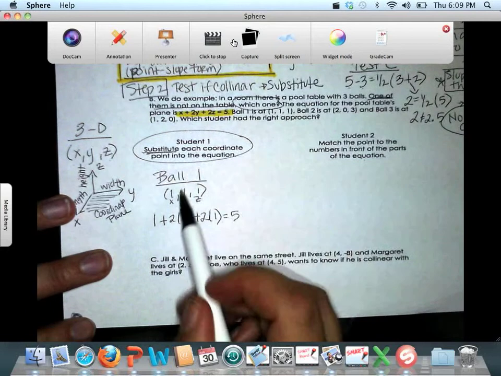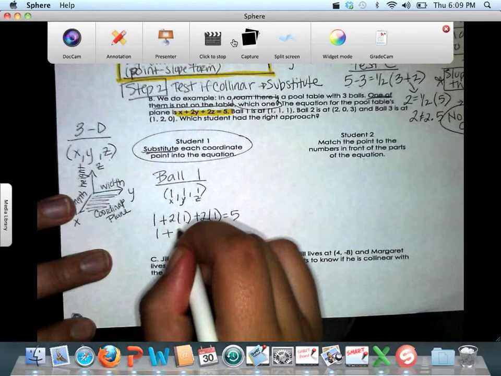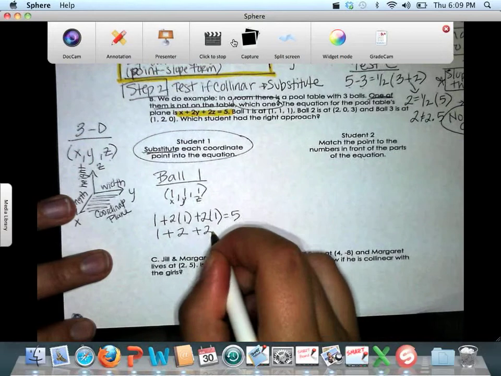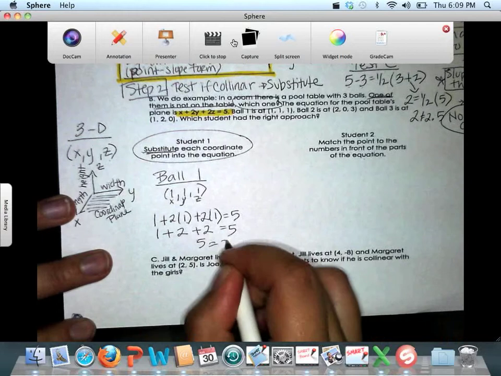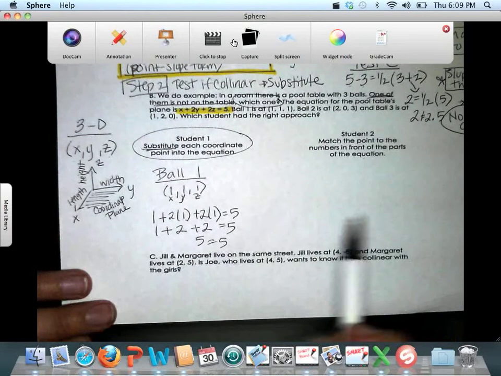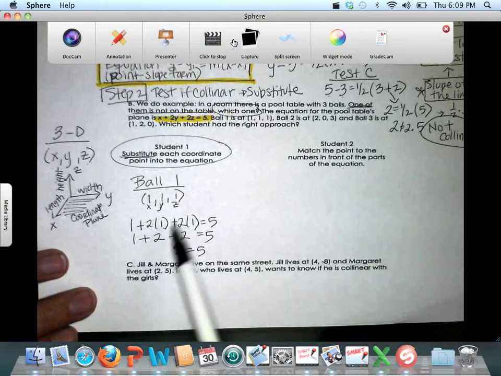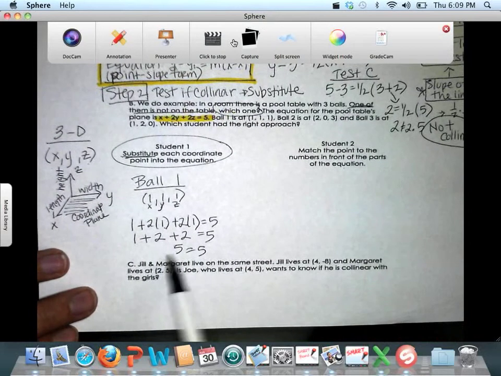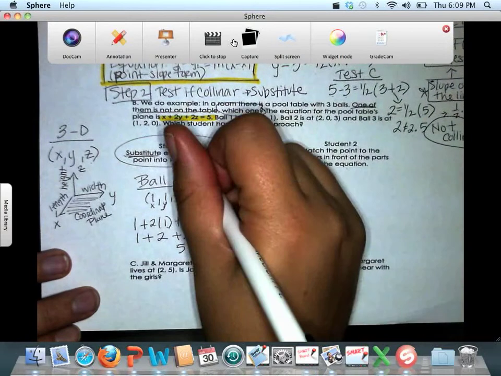So I just plugged in the 1s in each of these spots. We get 1 plus 2 plus 2 equals 5. 1 plus 2 plus 2 is, in fact, 5. Now you can see what happened. This is different than what happened over here, right? Here we got 5 equals 5. This worked. Check. That means this one is coplanar.